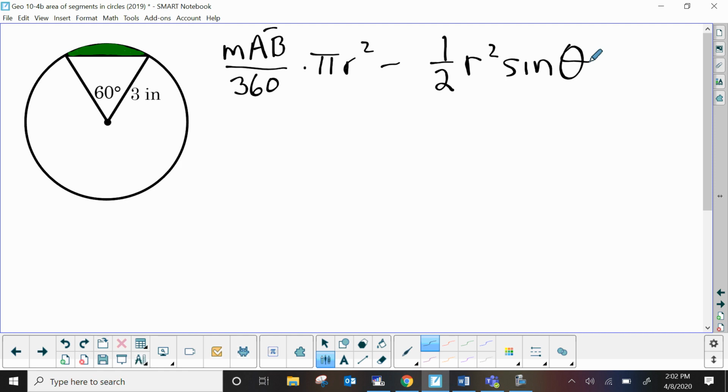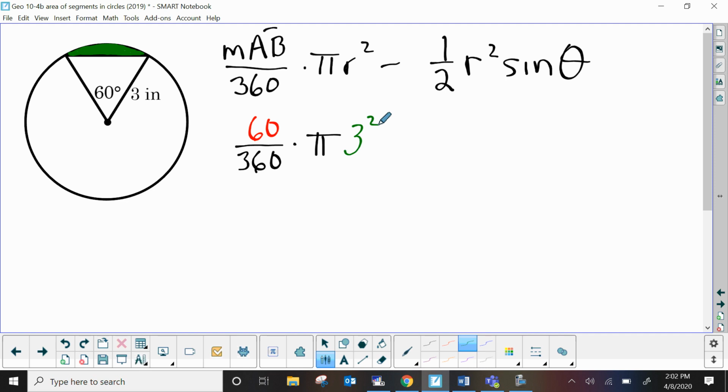Remember, the things you only have to plug in are the measure of the arc, the radius, and theta. Okay. So since my central angle is 60 degrees, my arc will be 60 degrees. And my radius in this problem is 3.